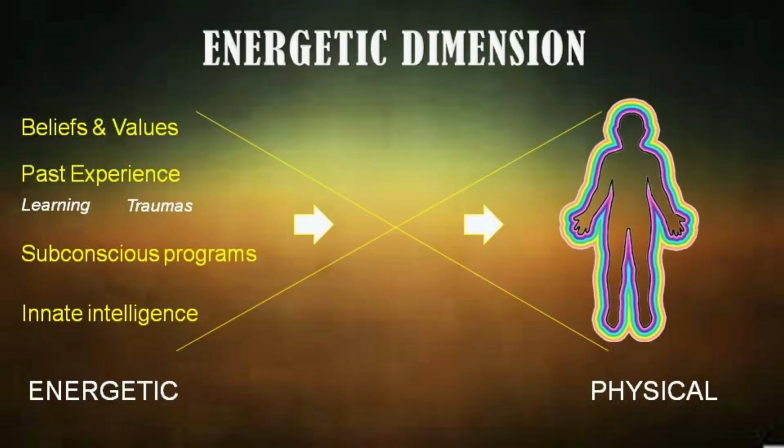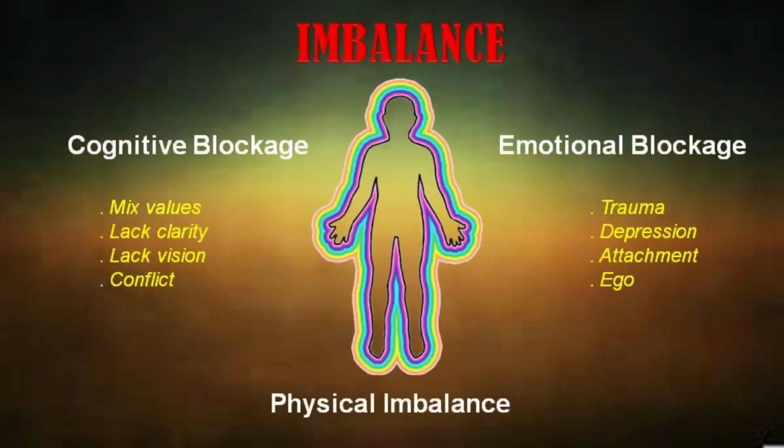The imbalances start at the energetic level. Let's break the imbalances down into three major areas: the cognitive blockages, the emotional blockages, and the physical imbalances. Cognitive blockages are mixed values, lack of clarity, lack of vision, or conflicts within yourself based on your past programs and so on.